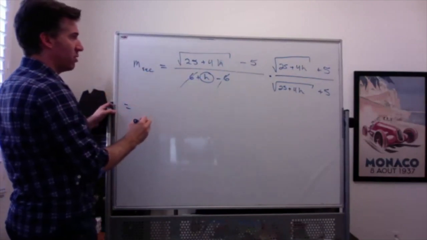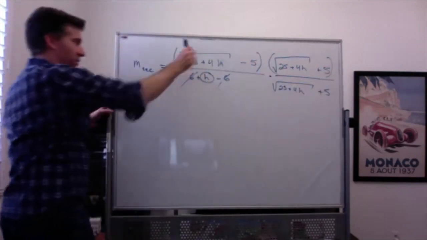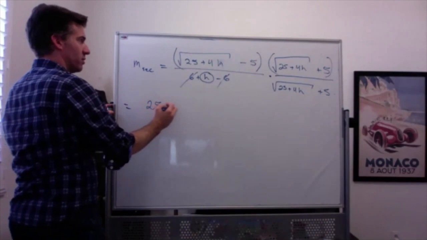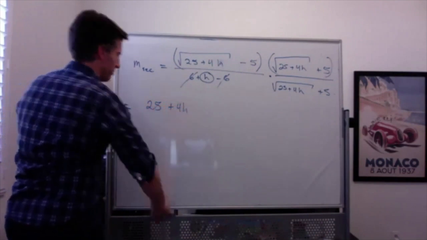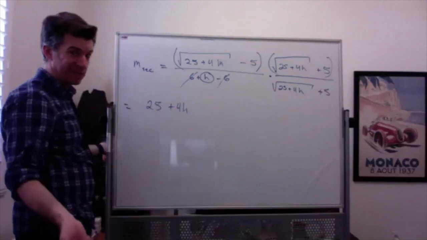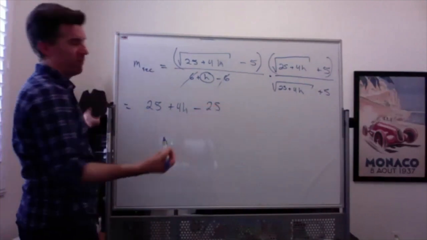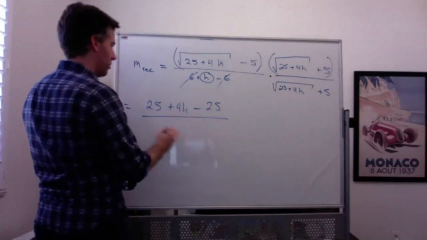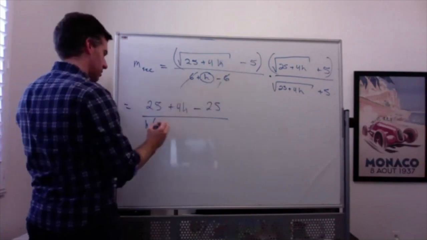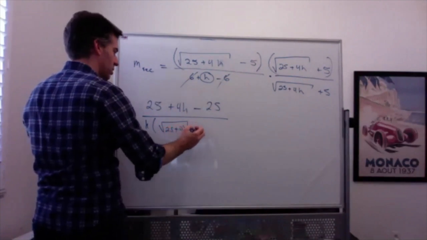So this is going to equal, so again, when we multiply conjugates, you get the first thing squared. That's 25 plus 4h. The middle terms cancel, and then minus the second thing squared, which is going to be 25, or 5 squared, over h times the square root of 25 plus 4h plus 5.